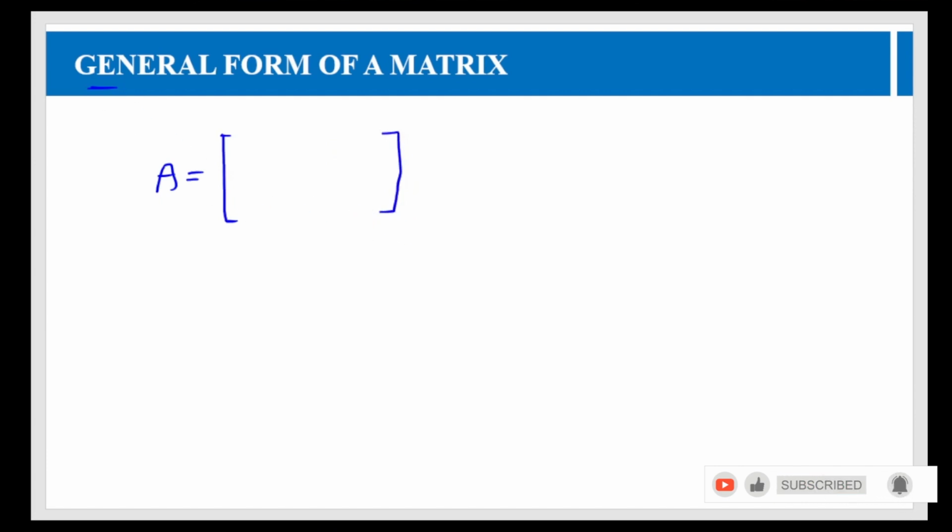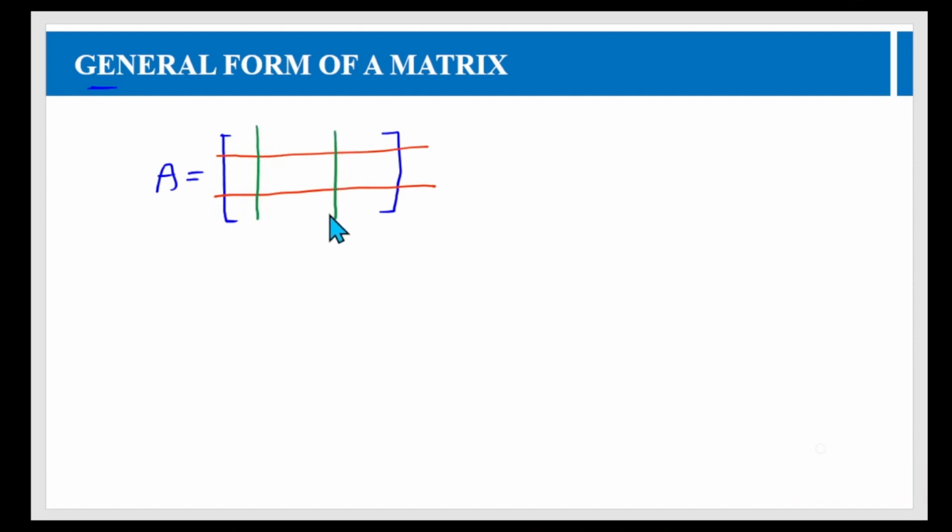Here, if it is first row, second row, and if there are 2 columns, first column, second column. Now, the element present here is the element present in first row, first column. Here it is first row, second column, second row, first column, second row, second column.